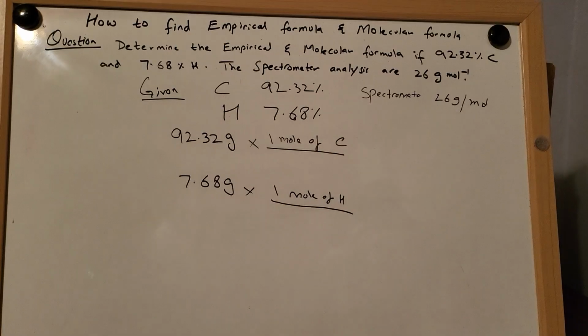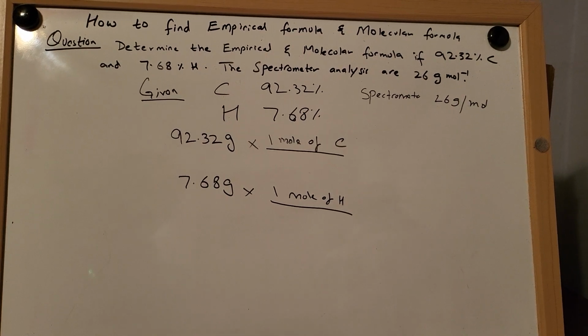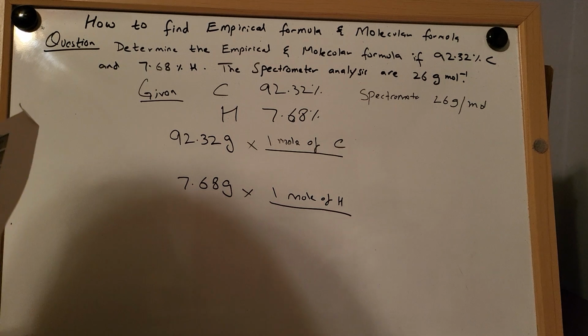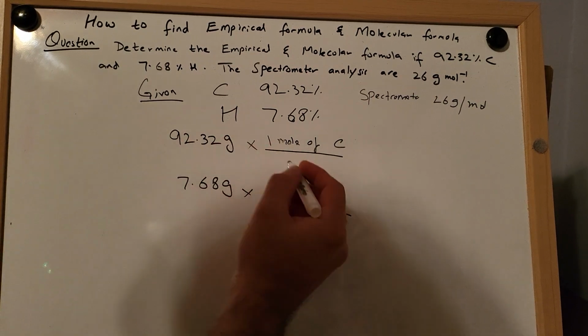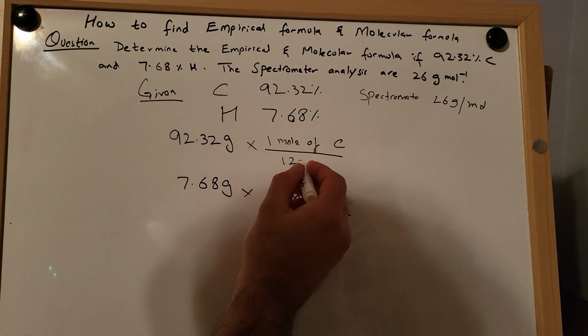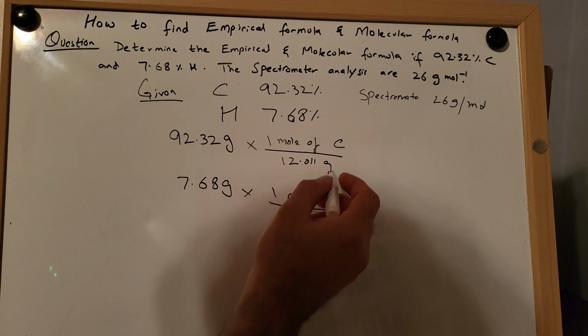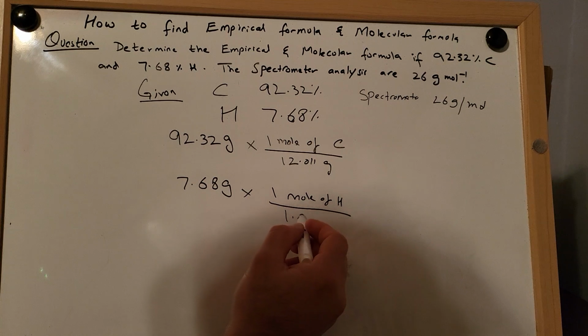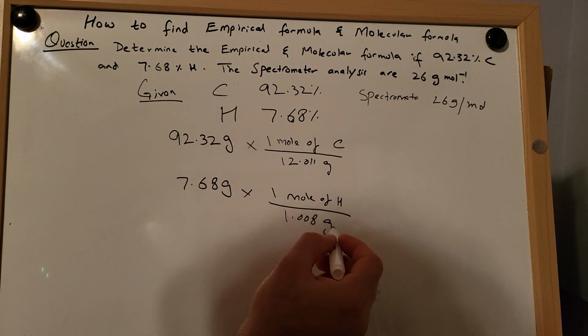Okay, so let's go back to our topic. Carbon is 12.011 gram, and this one is 1.008 gram.